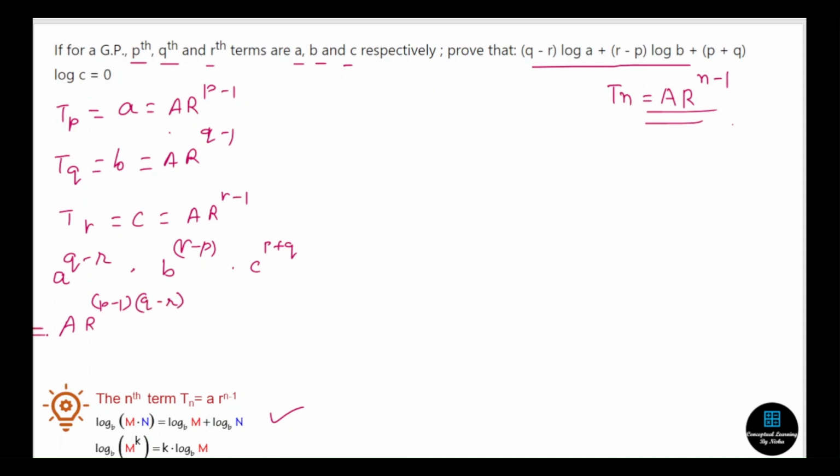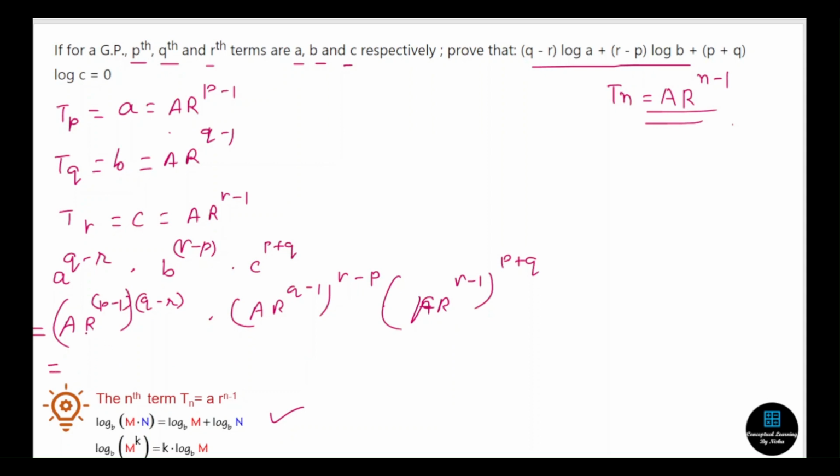I am applying the exponent rules as well, into b, which is A r raised to q minus 1, whole raised to r minus p, and c is nothing but A r raised to r minus 1, whole raised to p plus q. And now we have to simplify this.